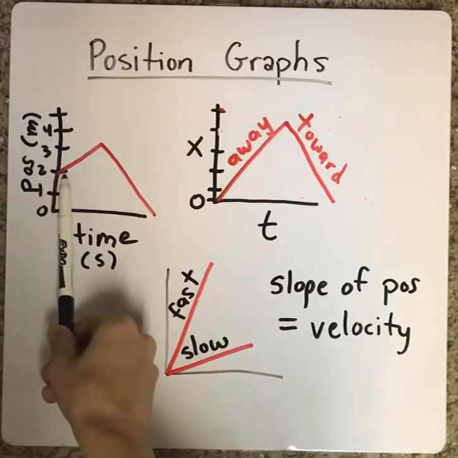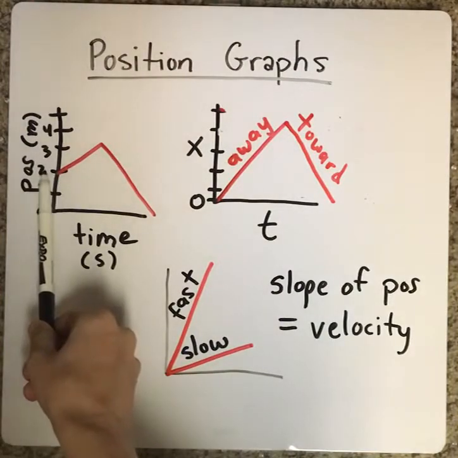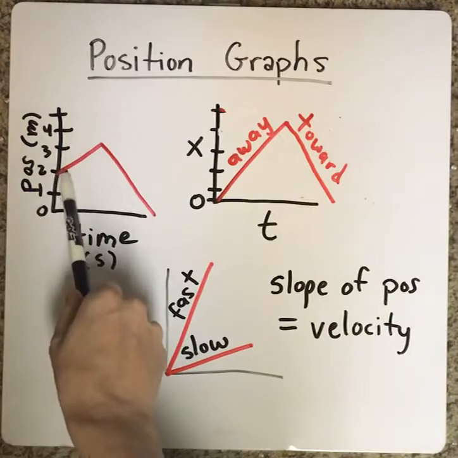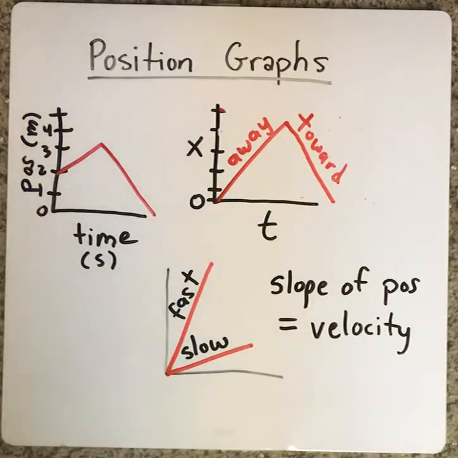So in this case, notice that the graph started next to the number 2. That was the initial condition, or we also call it the initial position. And you get it just by looking at the y-intercept, or where the graph started on the axis, and that will tell you your initial condition.